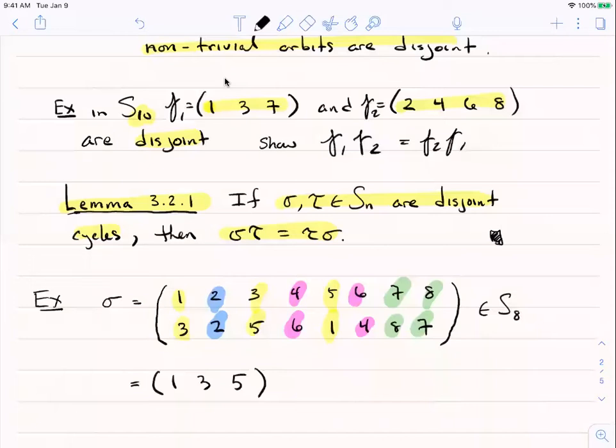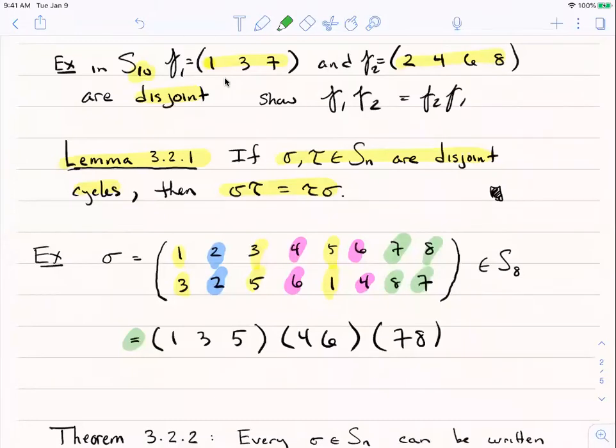So this gamma 1 fixes 2, fixes 4, fixes 6, and so on. There's another cycle that sends 4 to 6, which is sent back to 4, and a third one which interchanges 7 and 8. So I've kind of daringly claimed that that equals sigma. Here I've written a product of 3 permutations.